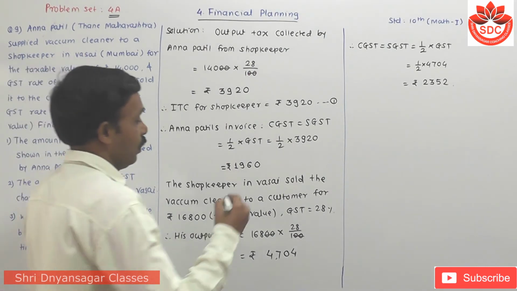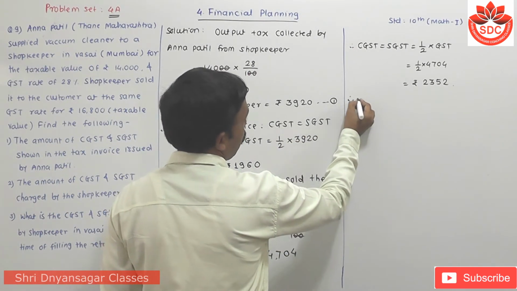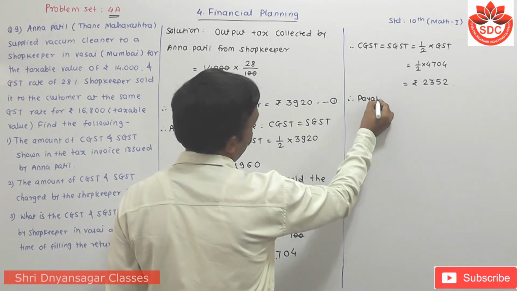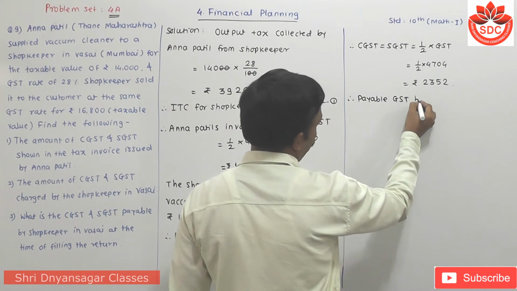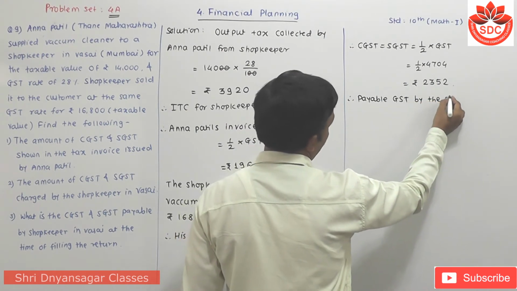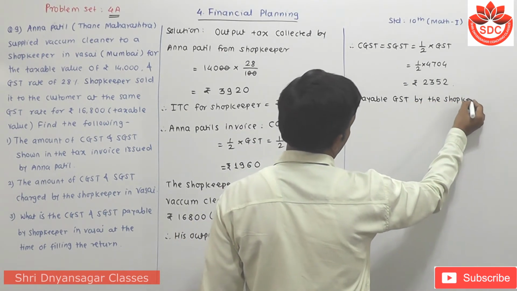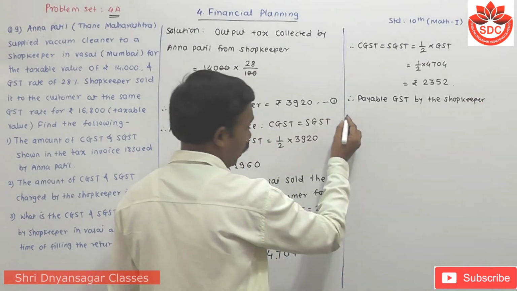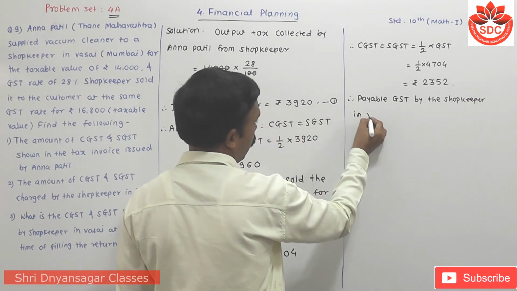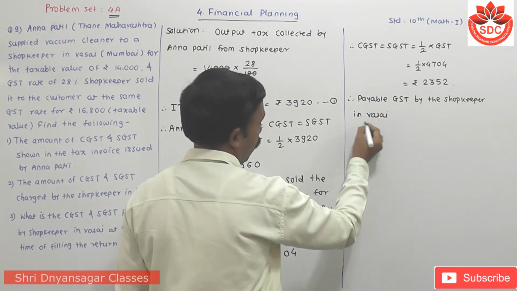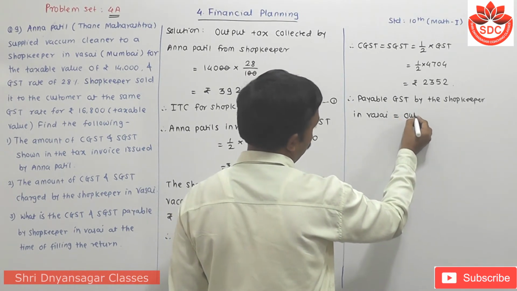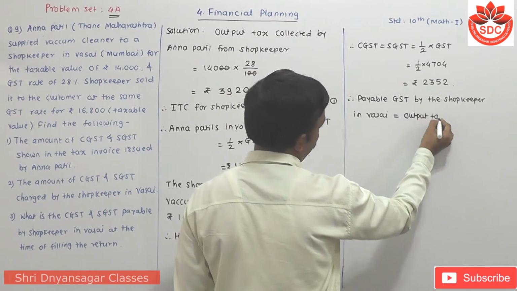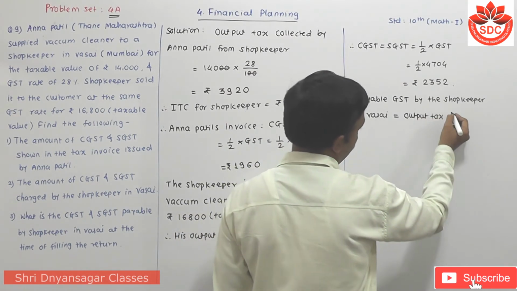Therefore, payable GST by the shopkeeper in Vasai is equal to output tax minus ITC.